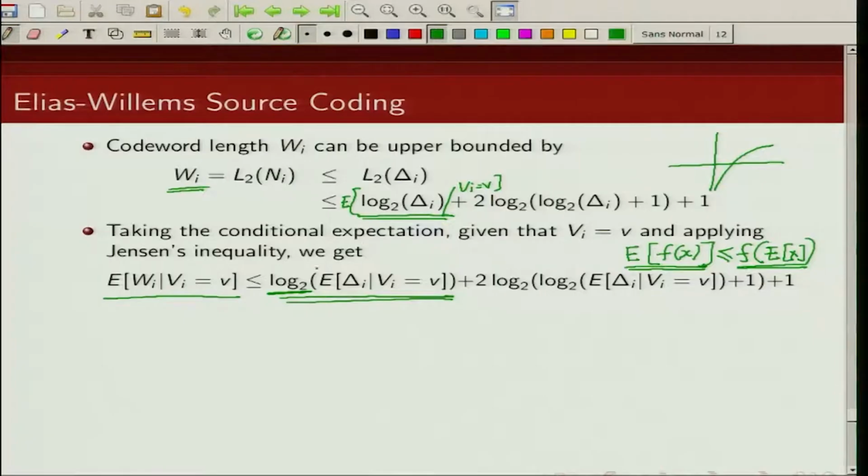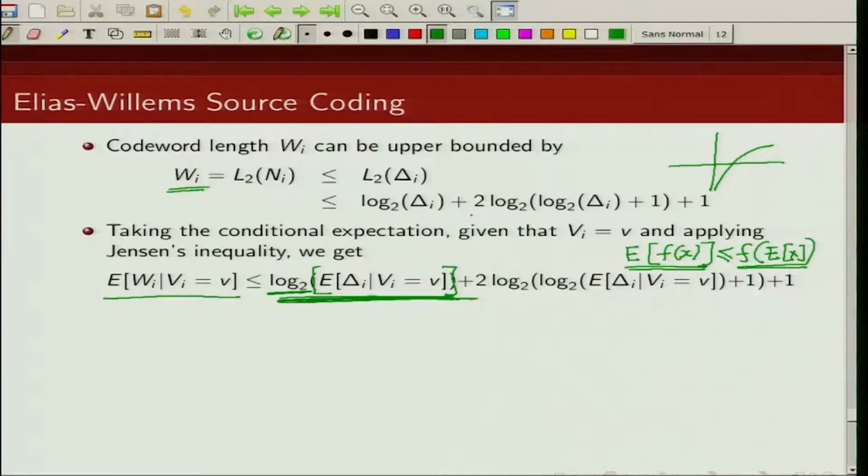In this case, it is expected value of delta I given Vi is V. So we did two things here. We took conditional expectation, conditioned on Vi is V, and we invoked Jensen's inequality.